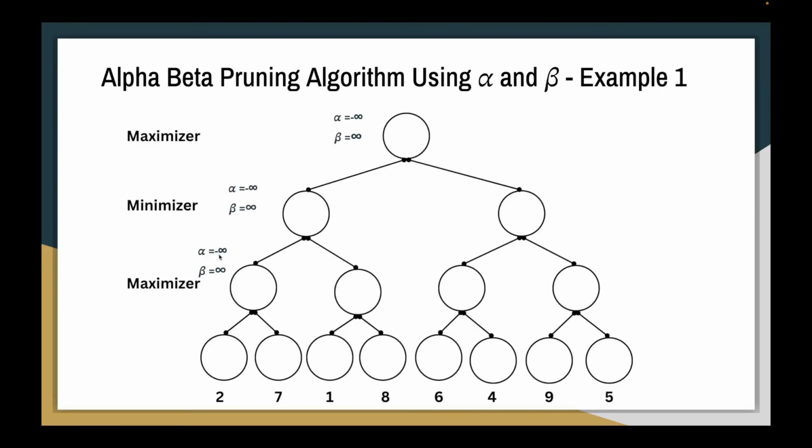Which one has the maximum value, minus infinity or 2? It is 2. So the alpha value will be changed to 2.